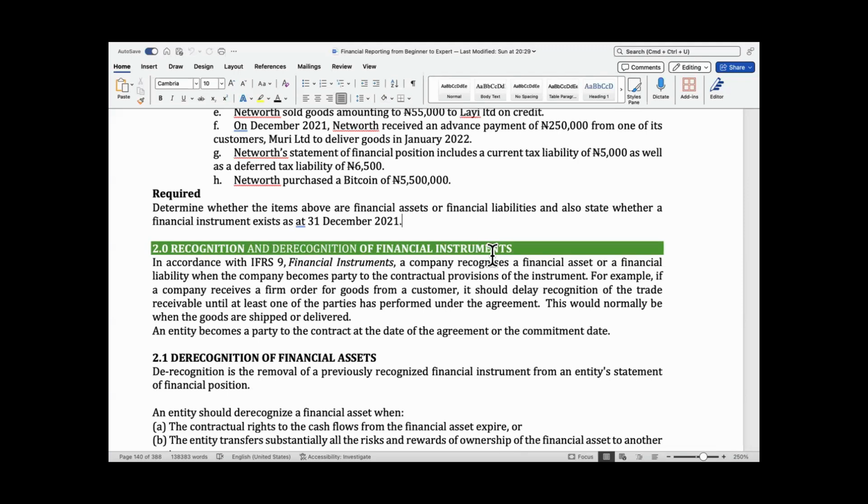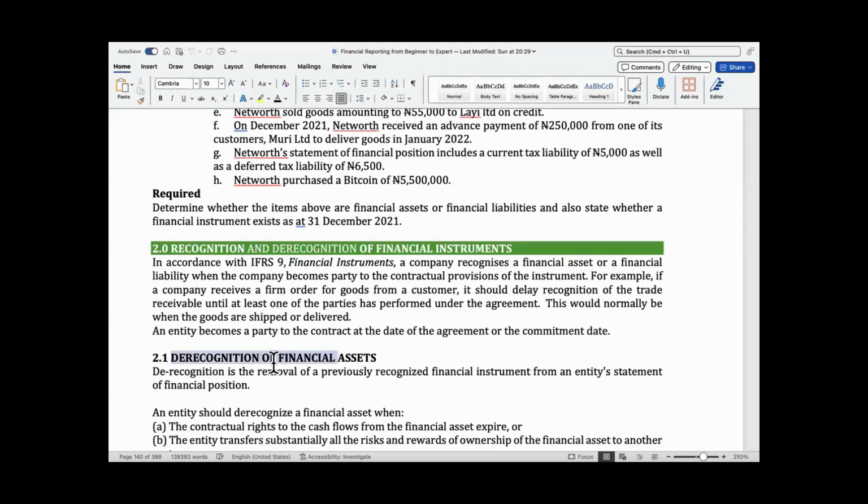And an entity becomes a party to a contract either at the date of the agreement or at the date of commitment. Either when you have agreed there's a contract, or when you have made commitments, you have made payments, then you can go ahead and recognize the financial instruments in your books.